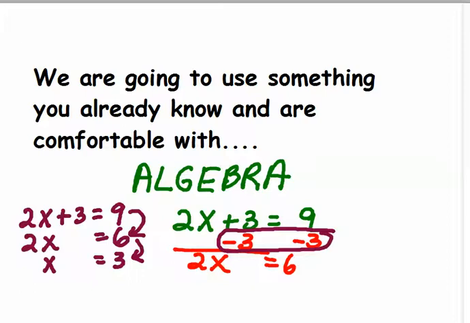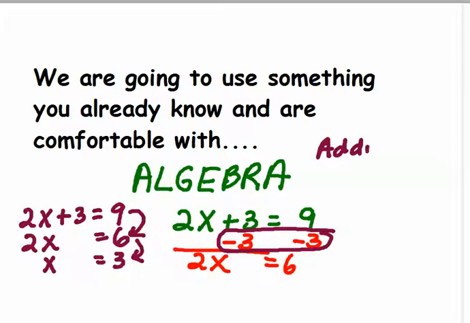Everyone knows, by now, that whatever you do to the left, you have to do to the right. You have to do it to both sides of the equation to keep the equality. So you have learned that you add, subtract, multiply, or divide on both sides to keep the equations equal. And the fact that you can add, subtract, multiply, and divide, those 4 operations, are called properties of equality.